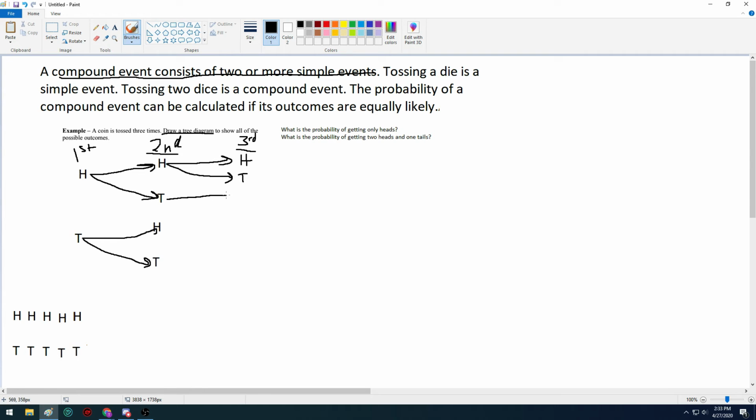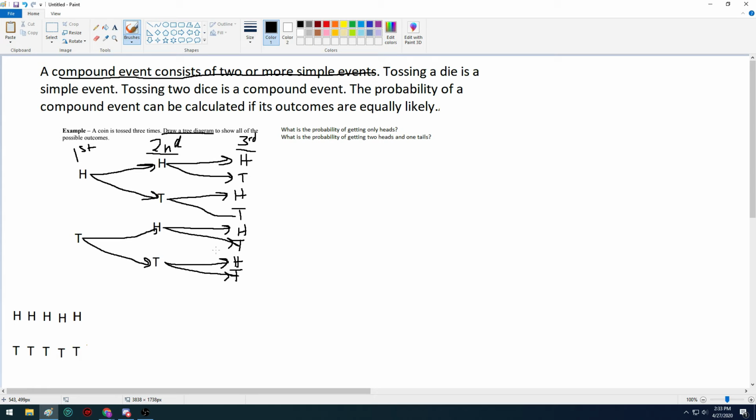Our tails coin, again, can either give us a heads or a tails. This head can give us another head again, or tails. This tails can give us a head or a tail coin flip. So now after 3 chances, these are the outcomes we have.